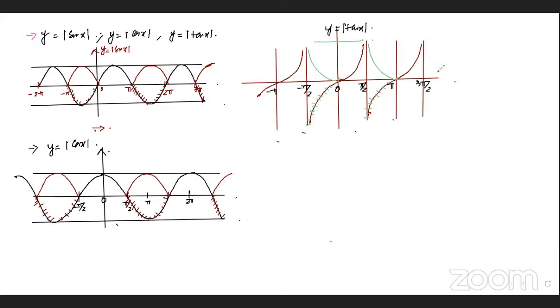All right. So let's now take some questions to find the domain. For the modulus type functions, let's take some examples to find the domain of the functions. Okay. Let me take this one, first of all.